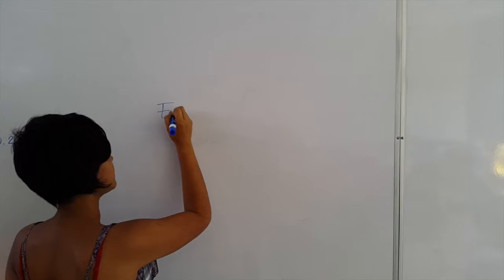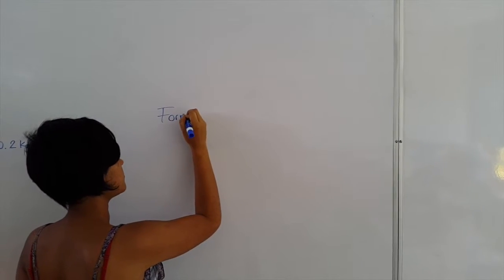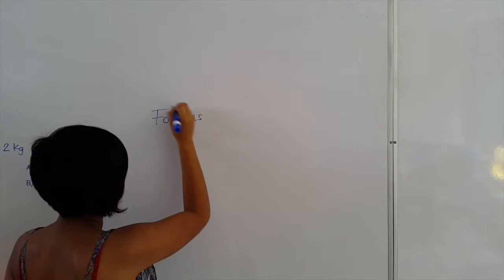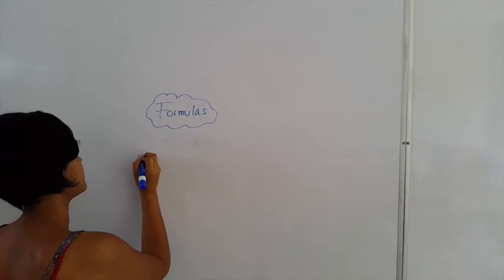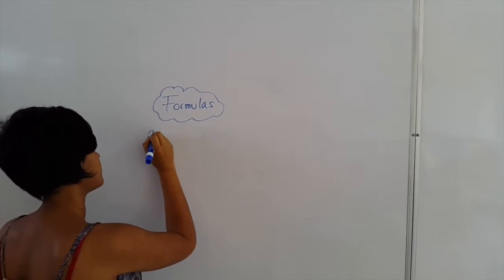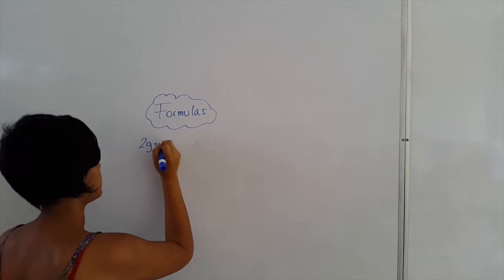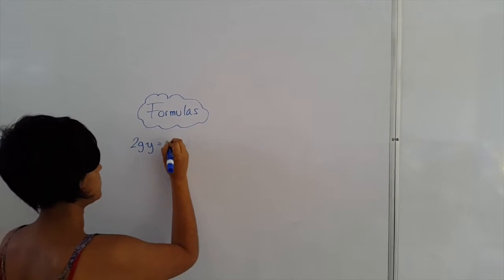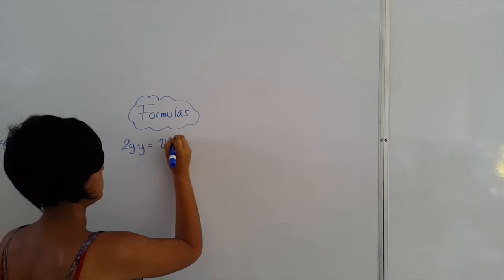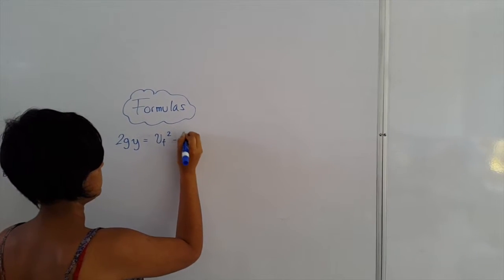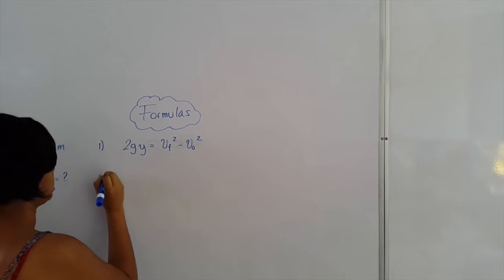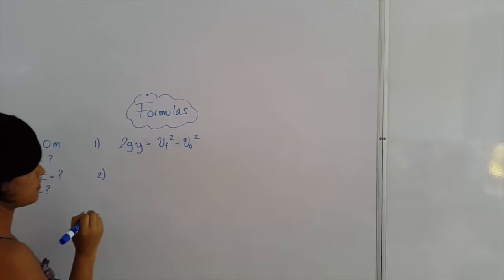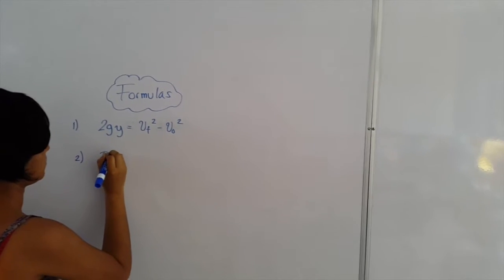Okay, so we will now write the formulas we're going to use to solve this problem. We're going to use 3 specific formulas. First, a formula that will help us determine height 3, which, as we said in the data, is an unknown. The formula is 2 times gravity times y equals final velocity squared minus initial velocity squared.